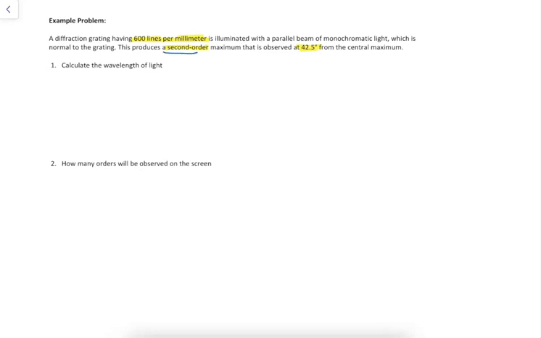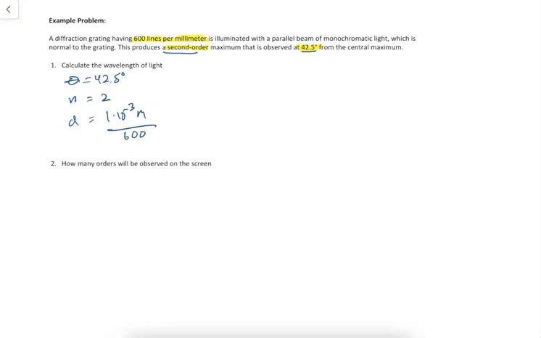So let's first start by calculating the wavelength of light. We have an angle, which is equal to 42.5 degrees. We have n, or m, eventually we'll see it, is 2. And d is something we don't know, but because we have 600 lines per millimeter, I need to rearrange that into meters per line, which is 1 times 10 to the negative third divided by 600.